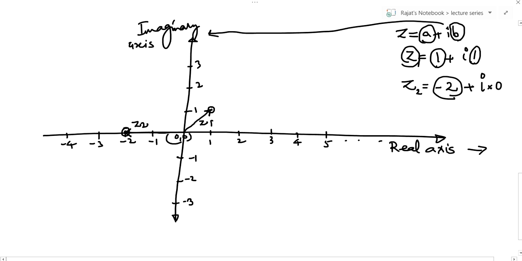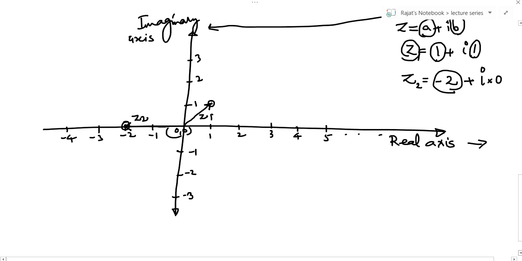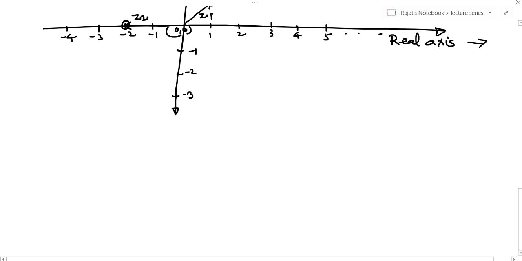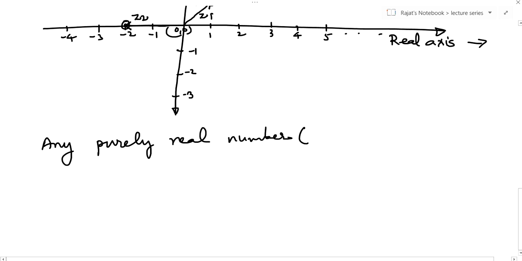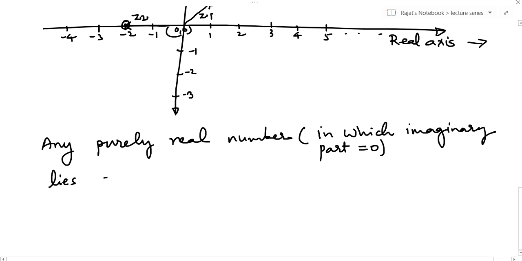Okay, so I can say any purely real number, in which the imaginary part is 0, lies on the real axis.